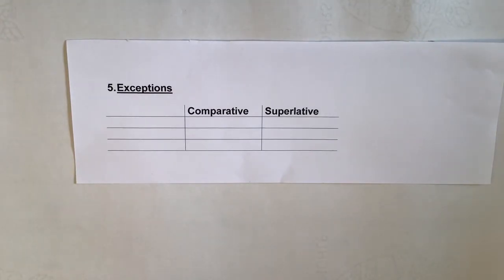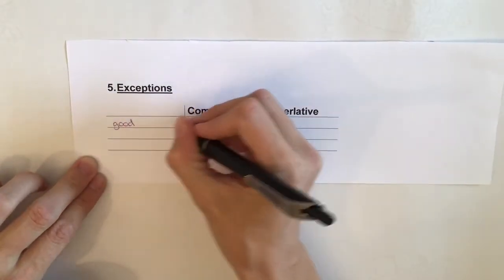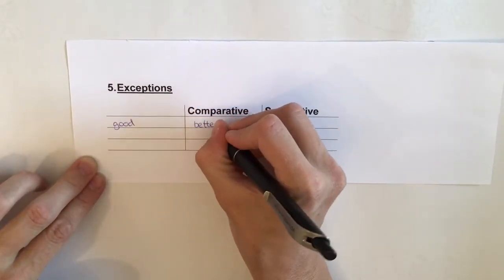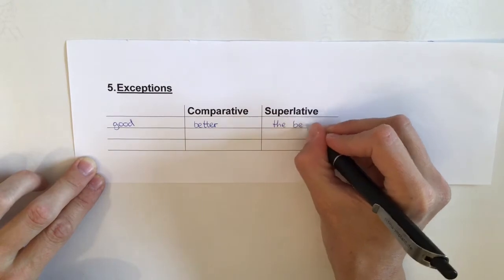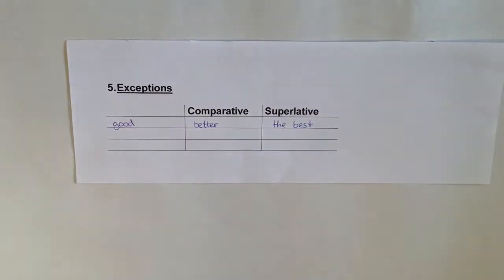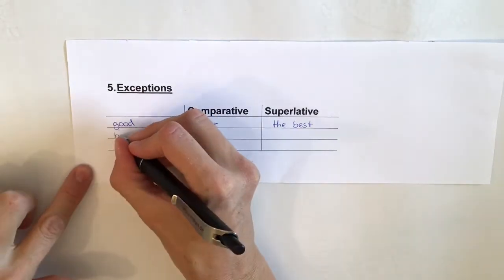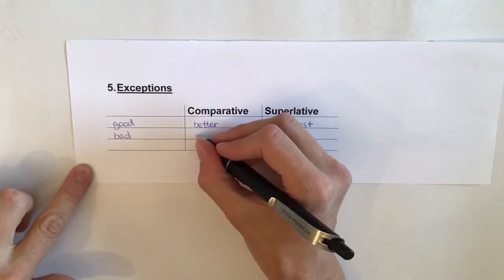There are 3 exceptions that you have to remember and you have to learn them. These exceptions are for good, bad, much, and many. So we have good, better, the best.